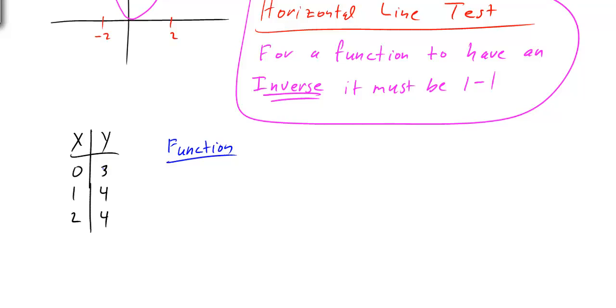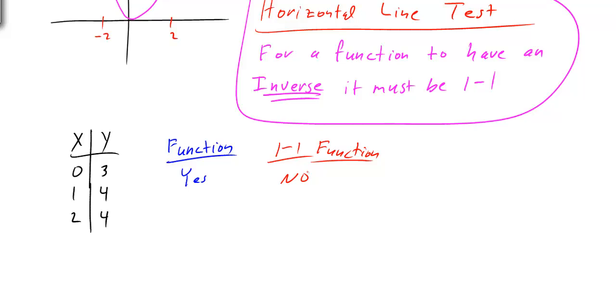Well, every x is mapped with a y, and we have 0, 3, 1, 4, 2, 4. Well, we have repeated y values, but for a function, that is okay. Now, is this a one-to-one function? Well, because we have repeated y values, the answer is no. So this is not one-to-one.